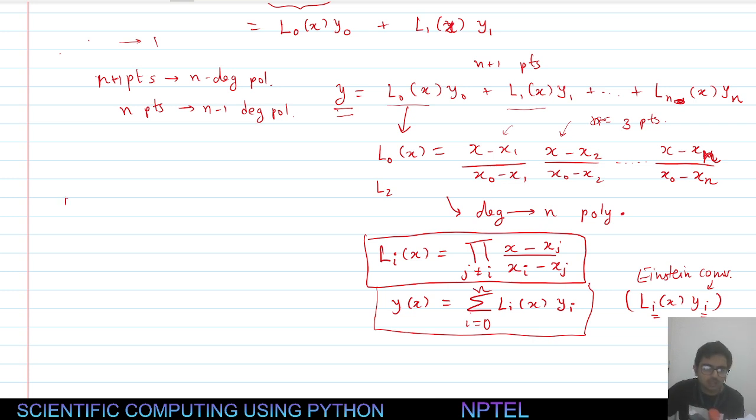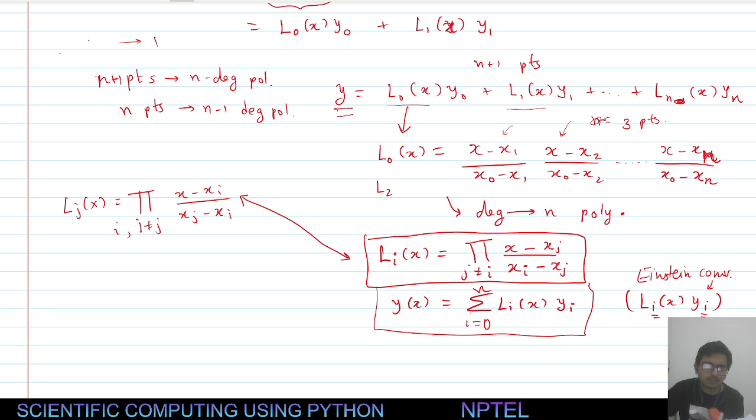Lj of x equals the product over i not equal to j of x minus xi by xj minus xi. Yeah, that's the final equation, right? So now compare this with this.